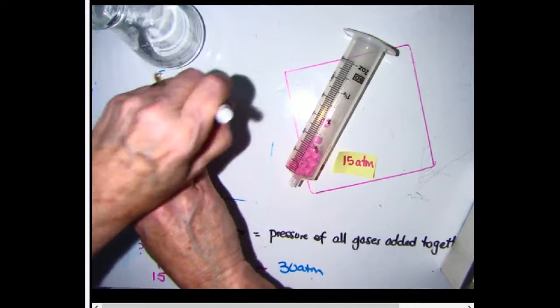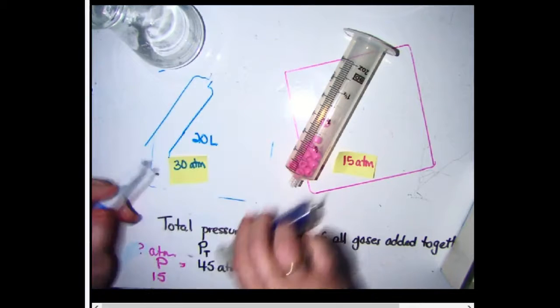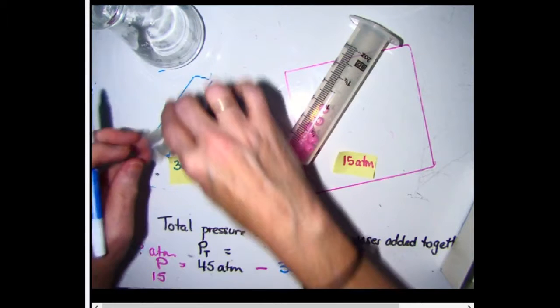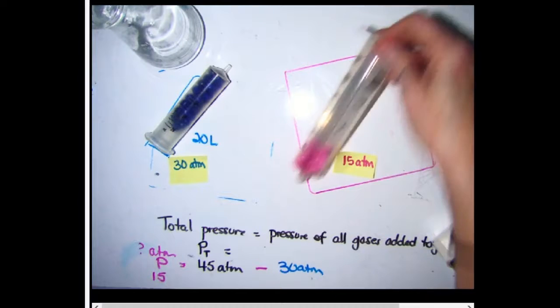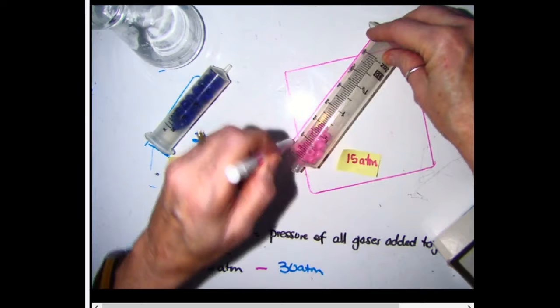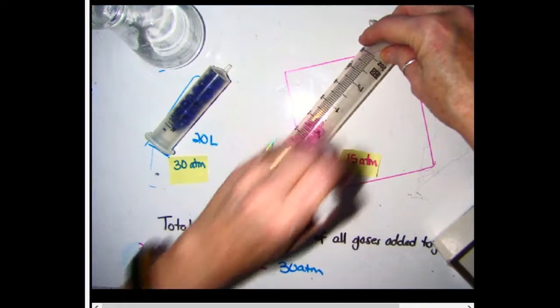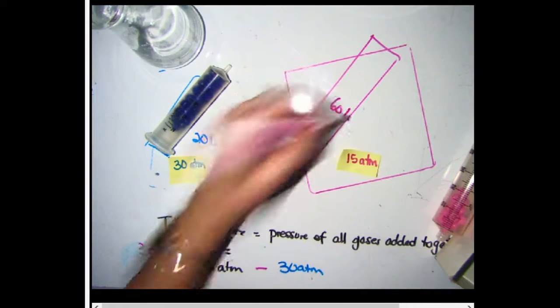So I'm going to just very quickly draw this. And we're going to say this is 20 liters. All right? And then we're going to look at the pink. And the pink is 15 atmospheres in 60 liters. Right?